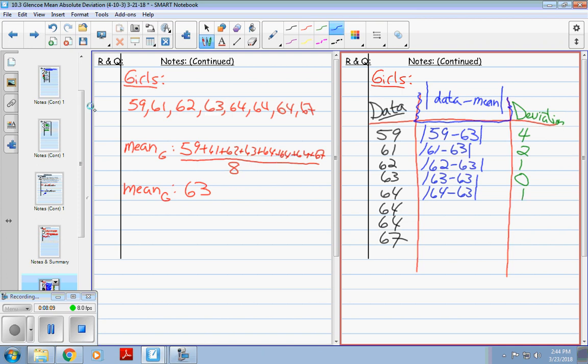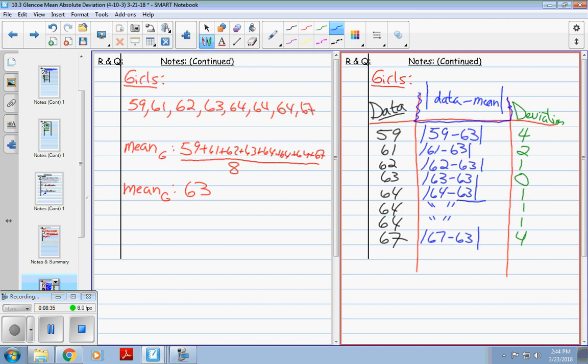Remember, at the end, that was not a 631 that I wrote right here. That's 63 in the absolute value symbol. Turns out that math is identical when the data points don't change. So we still get a 1. And our last one is 67. Take away 63's absolute value. It is 4. Okay, so now we have the deviation of every data point from the mean.